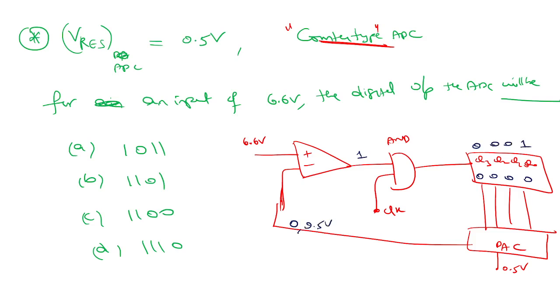This is 0.5, that's what it is saying, right? Resolution. This is 1, I mean, clock is applied. 0, 0, 1, 0, 1 volt.